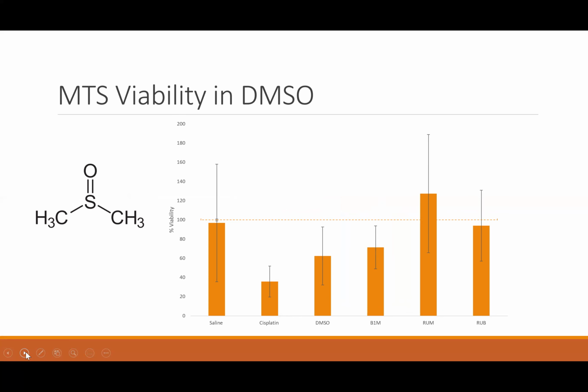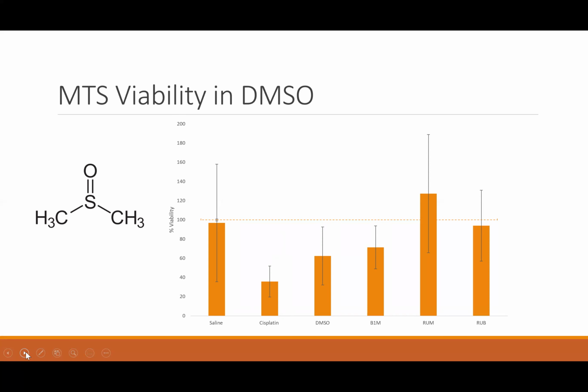And so the structures on the left, we have saline, cisplatin, DMSO, and then B1M, RUM, and RUB are all dissolved in DMSO. So again, saline doesn't really affect viability. Cisplatin, we see pretty low viability.